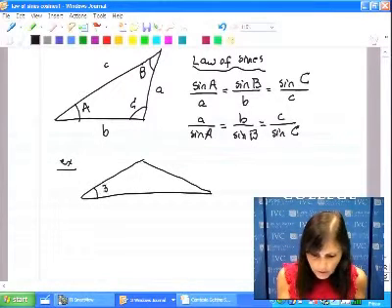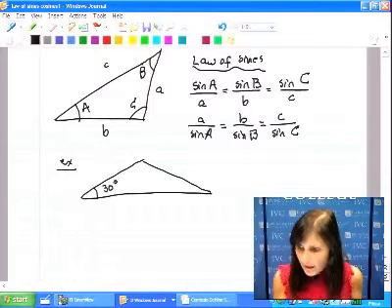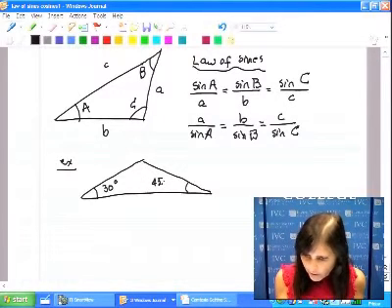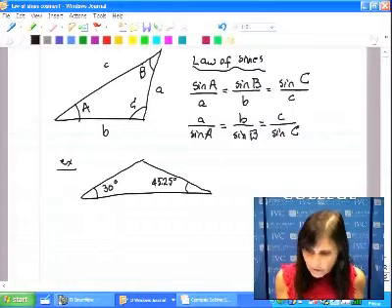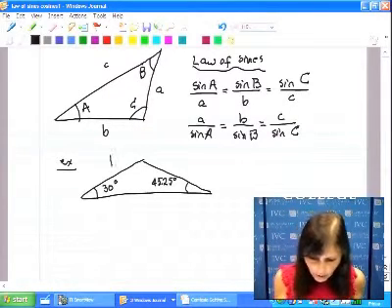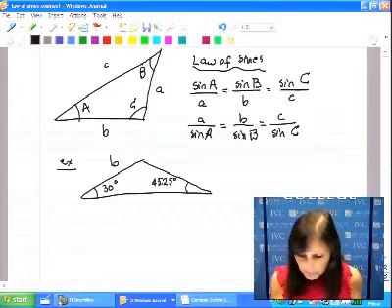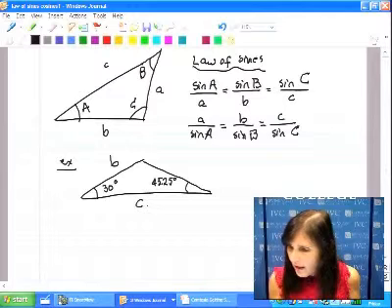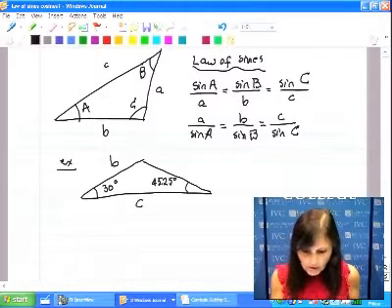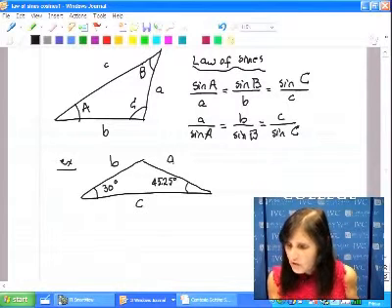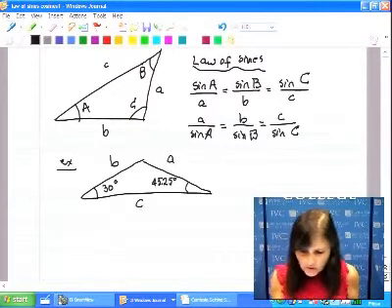I'm given 30 degrees here, and I'm given 45.25 degrees here, just for fun. I do not know this side. I just put c in there. I do not know this side. And let's solve this situation here. Let's say this is given.